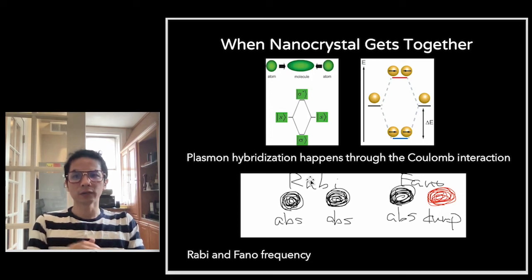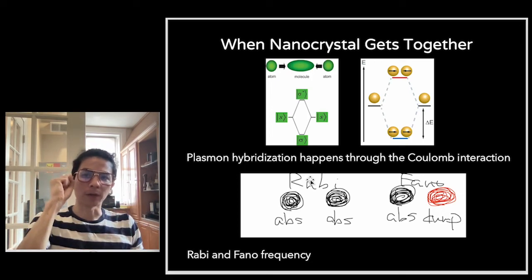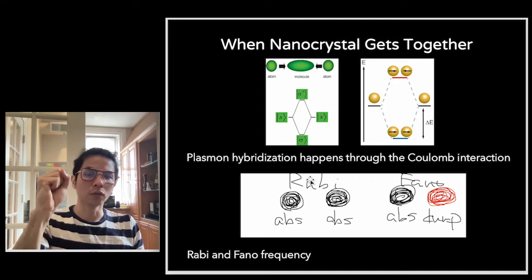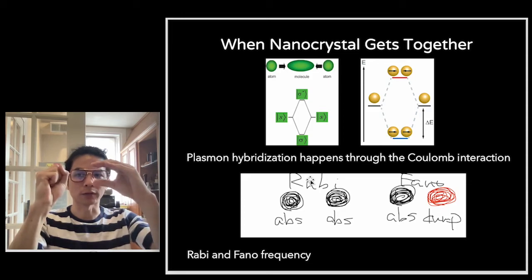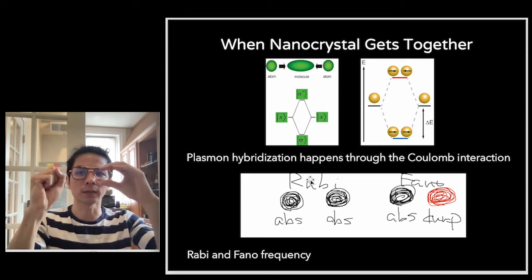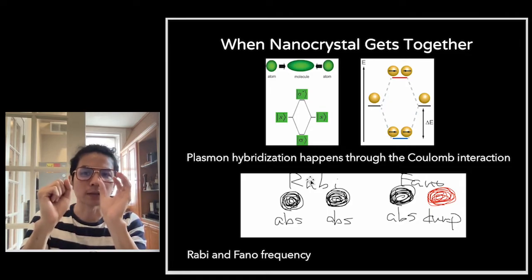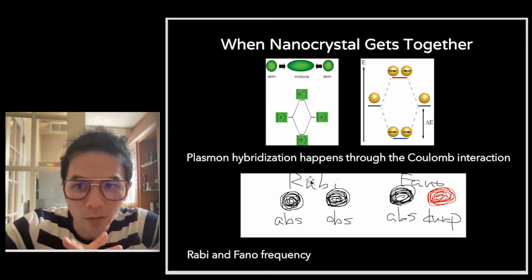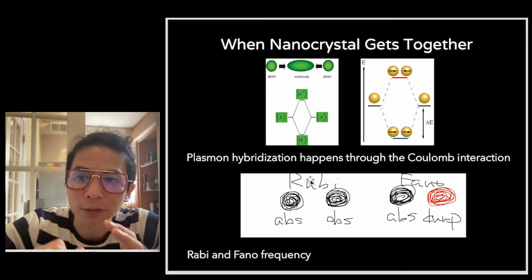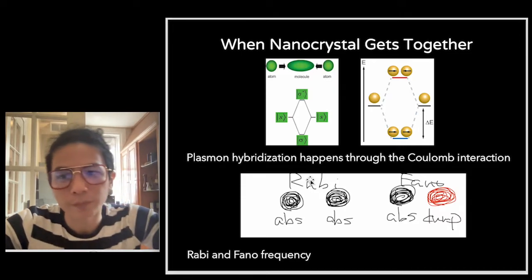But when you have a nanocrystal that can have strong absorption for plasmonic resonance, but you have another nanocrystal, maybe a different shaped nanocrystal or different symmetry, that can damp the excitation of the plasmonic resonance, there is an interaction called Fano interaction.